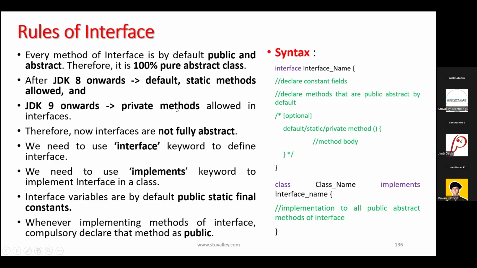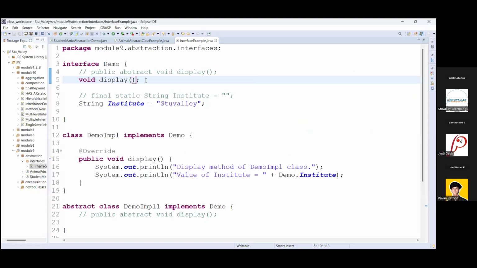So these are concrete methods. To provide the implementation, you have to use any of these three keywords. A normal method will never have any implementation inside the interface.